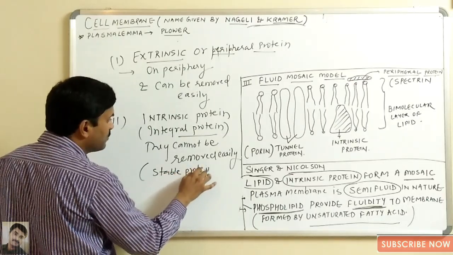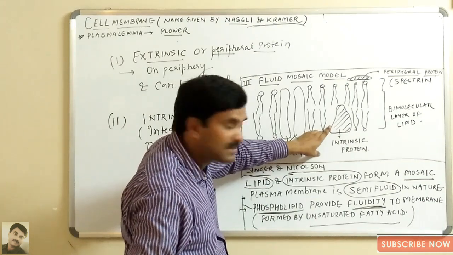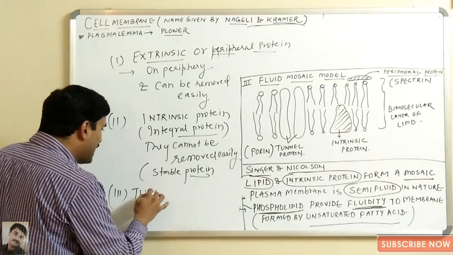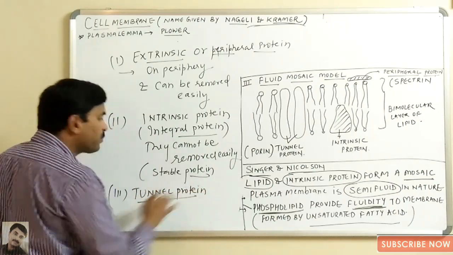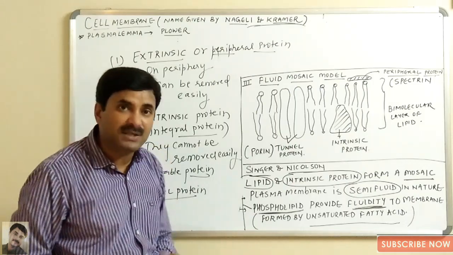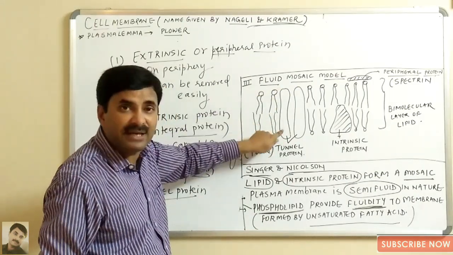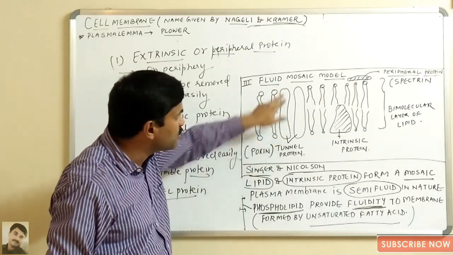You can see that these are the intrinsic proteins, and there are a few more proteins called tunnel proteins, which are present from one end to the other end.